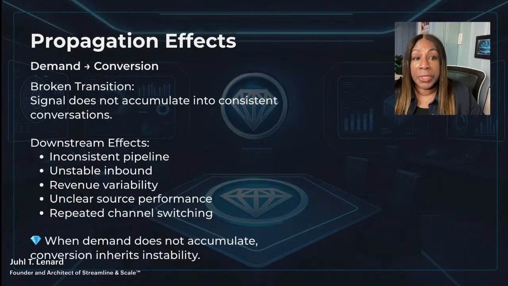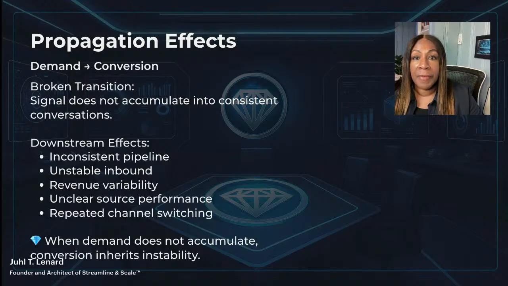Now, we said that we definitely know that there's only one primary domain, the origin domain, but there are some propagation effects. So when we look at demand as our origin, our primary domain, there's some propagation to conversion. So we have a broken transition. Signal does not accumulate into consistent conversations.